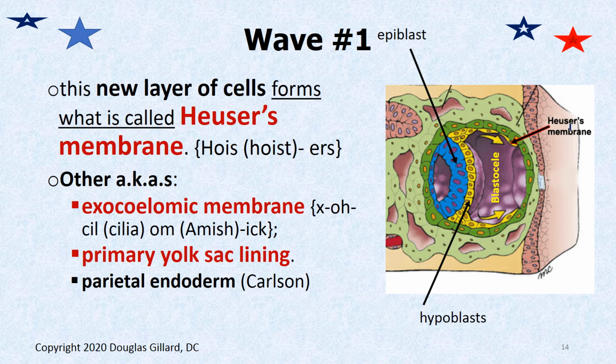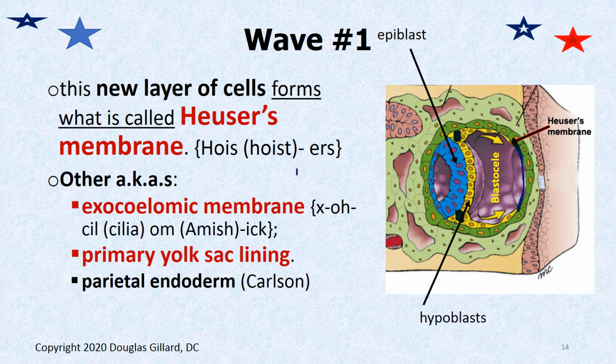Here are our hypoblast cells in yellow, and these cells at the corner ends start undergoing mitosis and making new cells. These new cells get ratcheted downward, downward, downward, and pretty soon they go all the way around and line our blastocyst cavity here. These are called Heuser's cells, and they form Heuser's membrane.